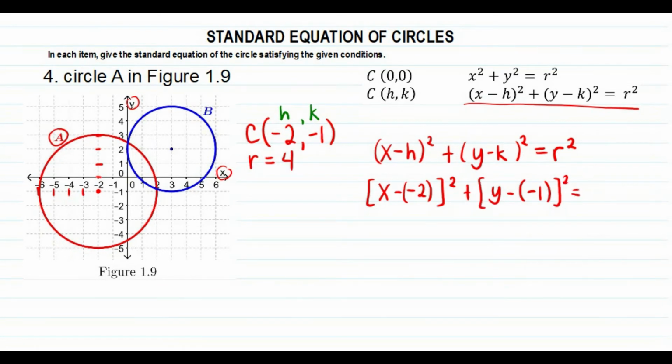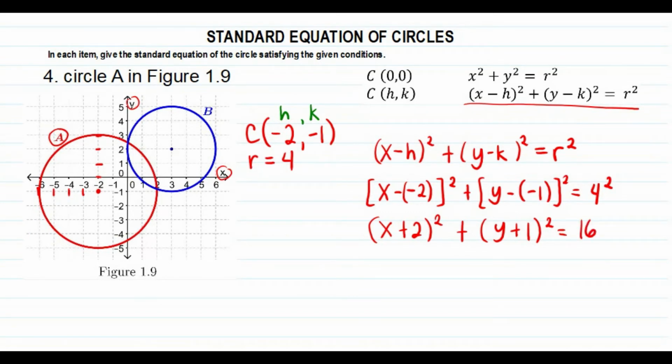Equals 4 squared. Okay, so let's evaluate: x plus 2, kasi negative times negative is positive, and then y plus 1 squared, kasi negative times negative is positive. 4 times 4, hindi 4 times 2, 4 times 4, 16.